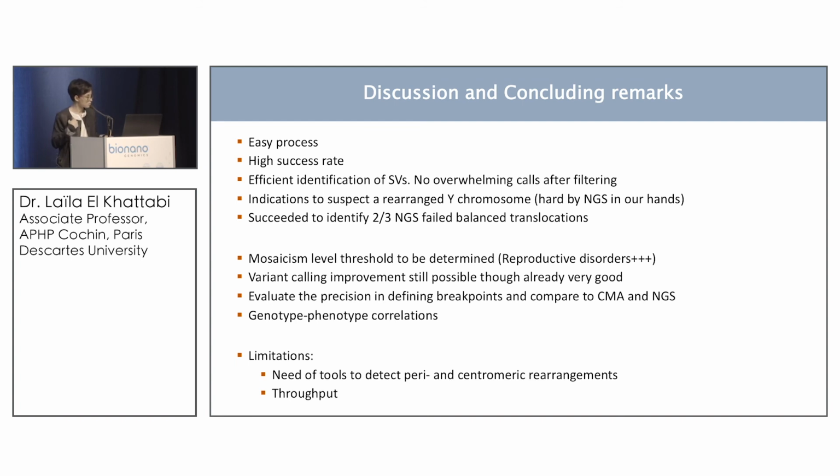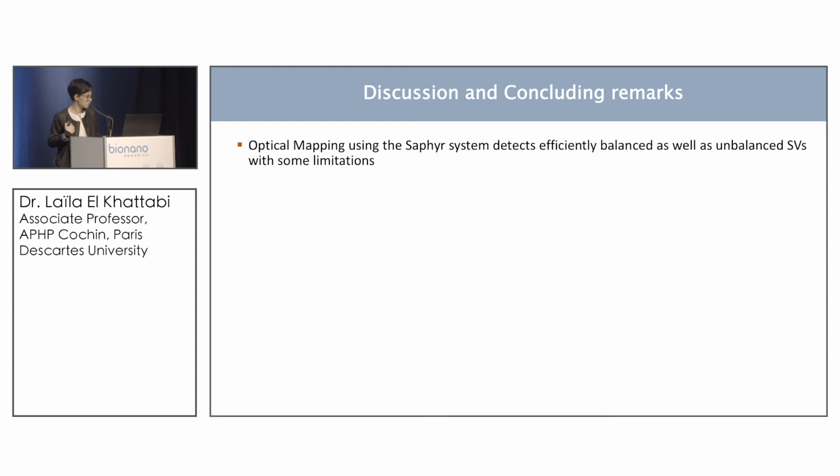Last thing to mention, there is a limitation for these centromeric regions, but I'm confident that we might find a labeling because, as we already said, there are FISH labels for centromeric regions that are specific, so there might be some specific regions for centromeres. This is a good point, and throughput is improving anyway, so it's a positive element.